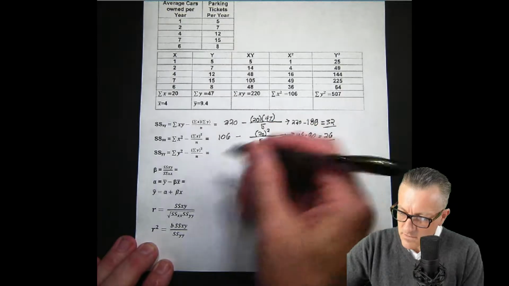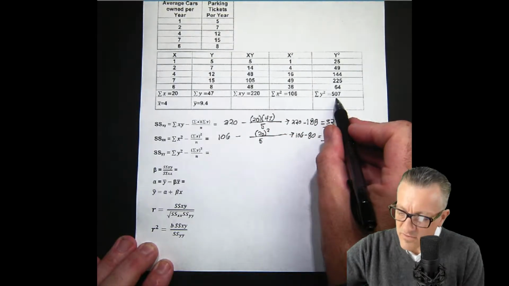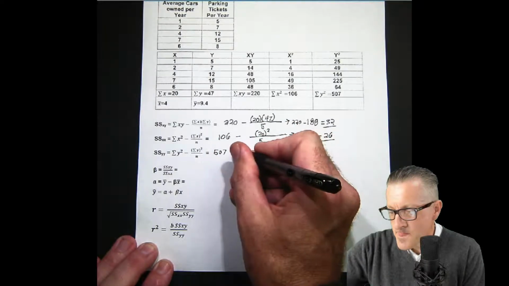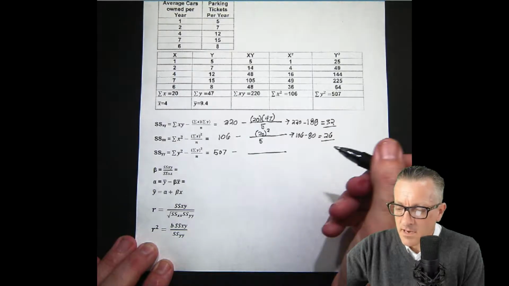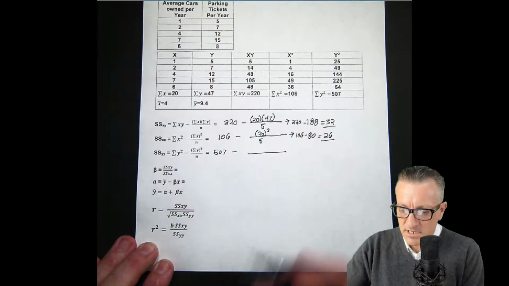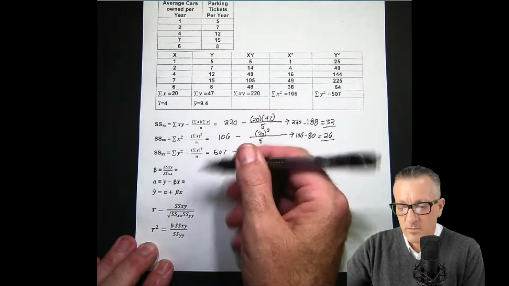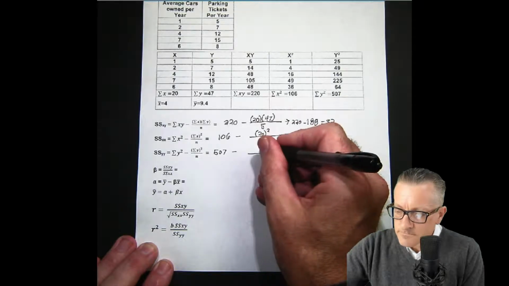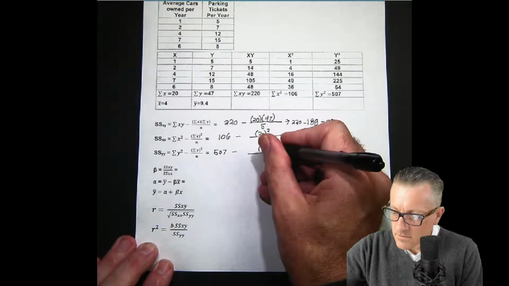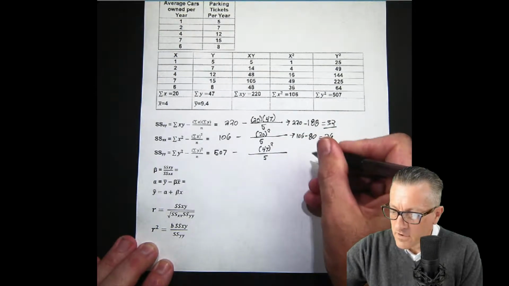Okay, the next one, the sum of the y squared. That would be the 507. And then, once again, it's not the sum of y squared, it's the sum of y, and then we're going to square it. That would be 47 squared over 5.